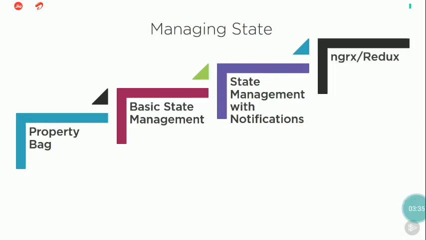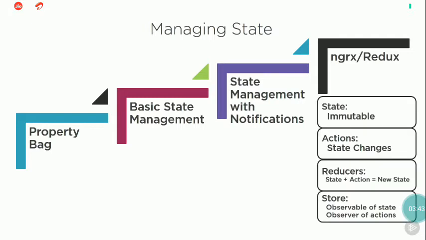At the top of the scale is NGRX, which is a powerful state management library inspired by Redux. It is based on 4 core tenets. State is a single immutable data structure. Actions describe state changes. Pure functions, or reducers, take the current state and next action to produce a new state.